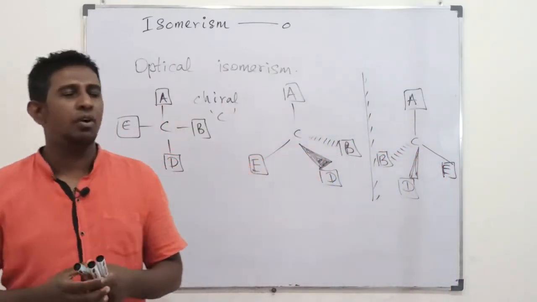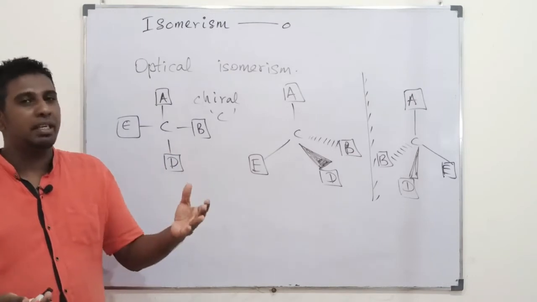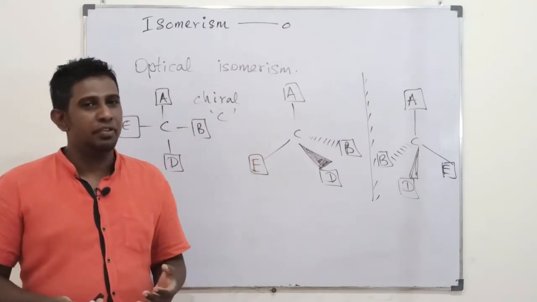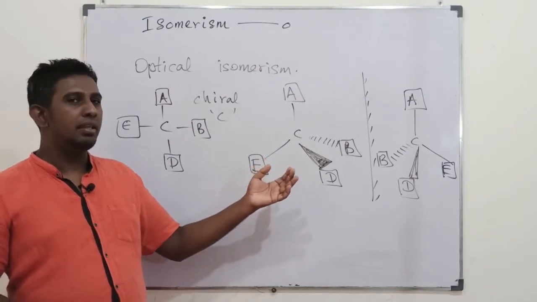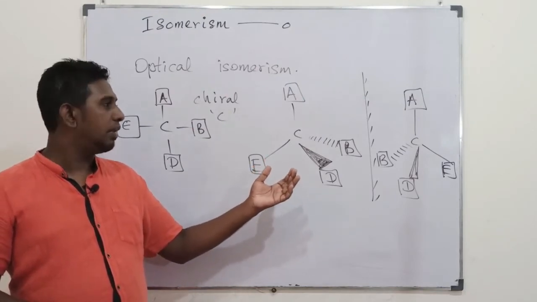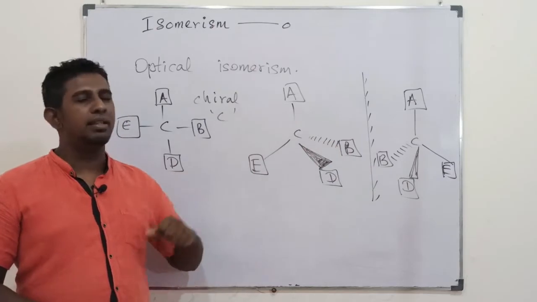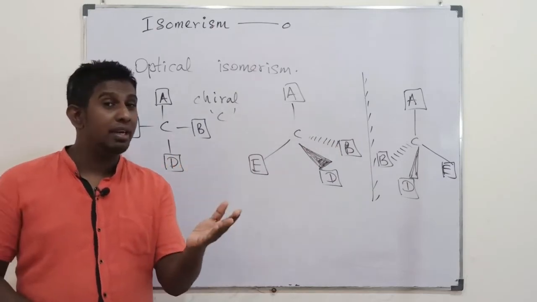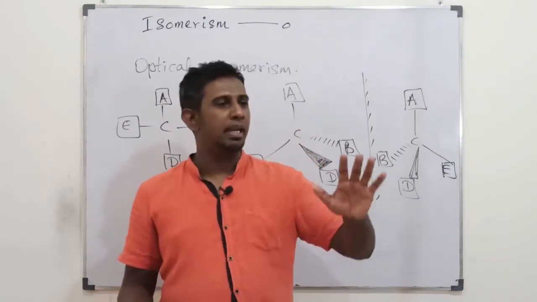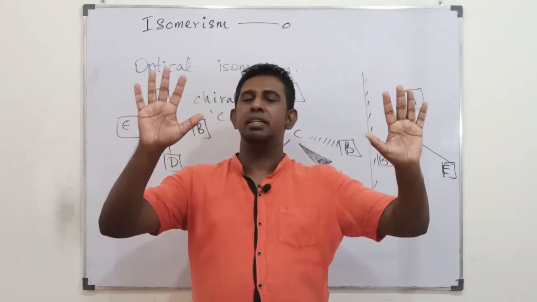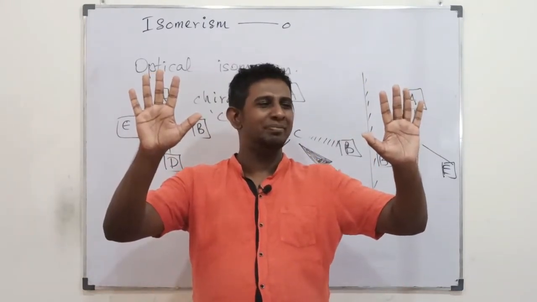When you check for their arrangement in three-dimensional space, you would find they are different, for the reason that one is the mirror image of the other, and you can't ever superimpose that. For an example, you could see my left hand and my right hand. Hope you could see, right?